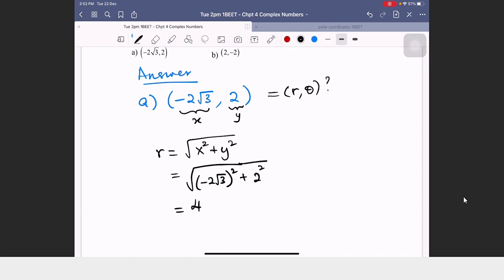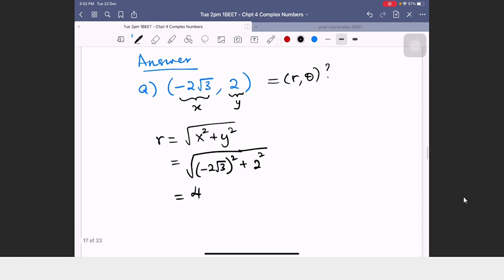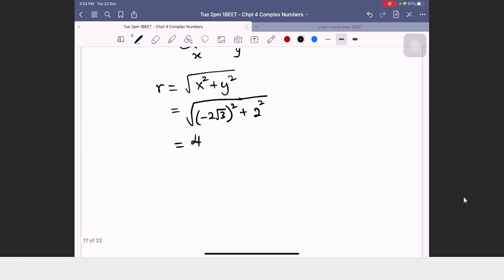So I got my r. Definitely r will be a positive number in this case, if you have square root of x squared plus y squared. So r is 4. r is just the distance from the pole to the point. So that is our r. What if we straight away compute theta?